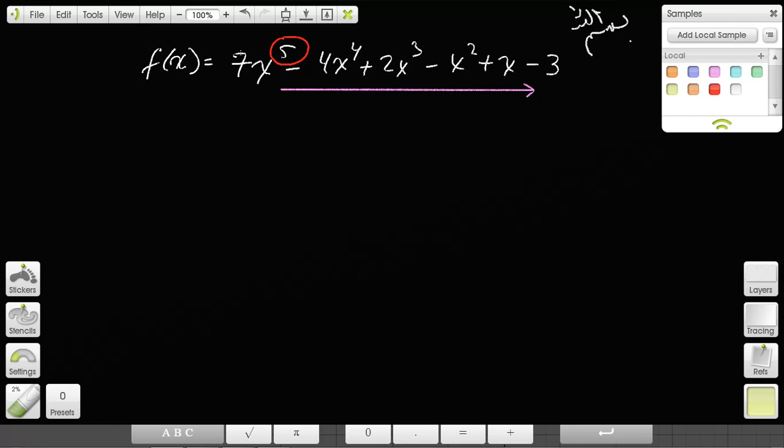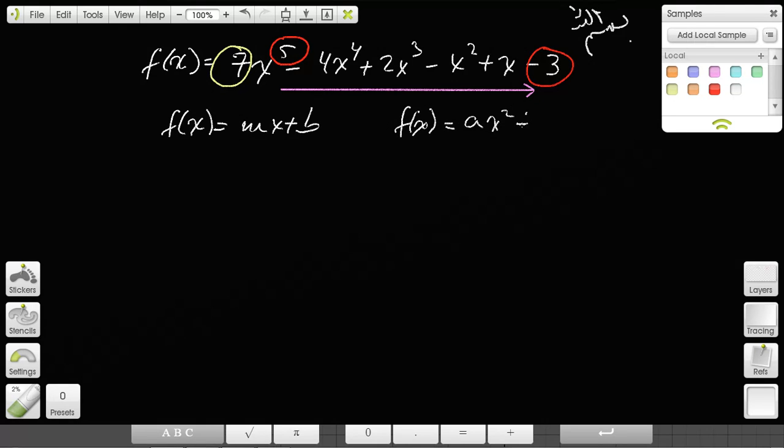And the leading coefficient was 7 and the constant term was 3. Okay, now for a linear function we had y equals mx plus b, and for a quadratic function we had y equals ax squared plus bx plus c. These are like the generic polynomial functions.